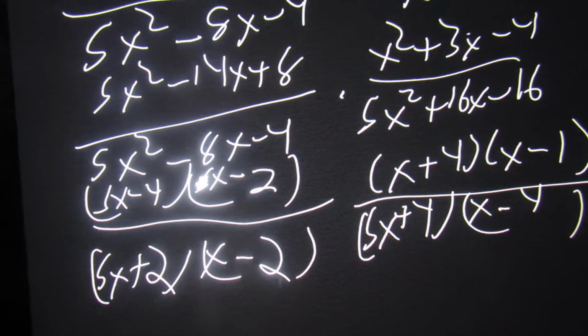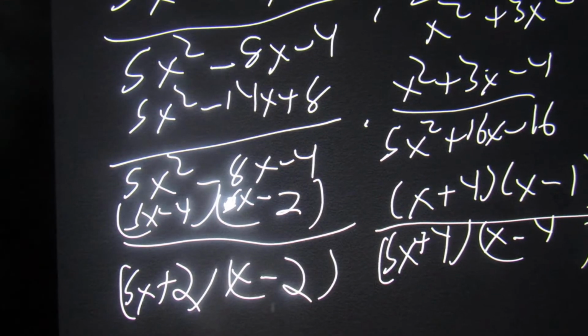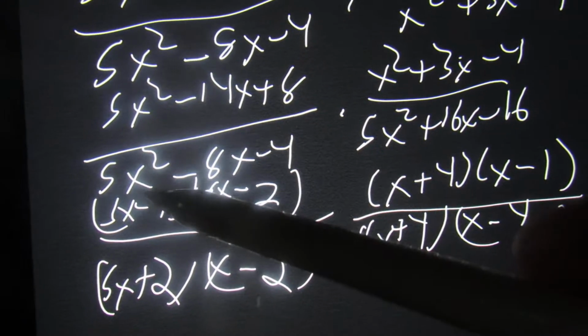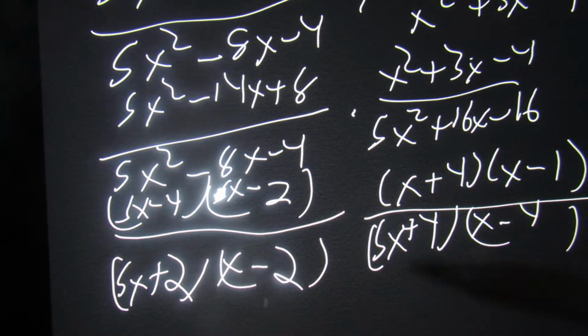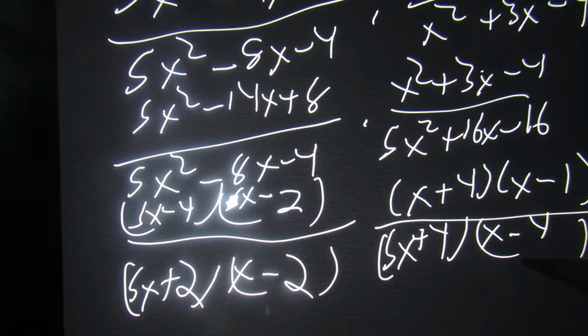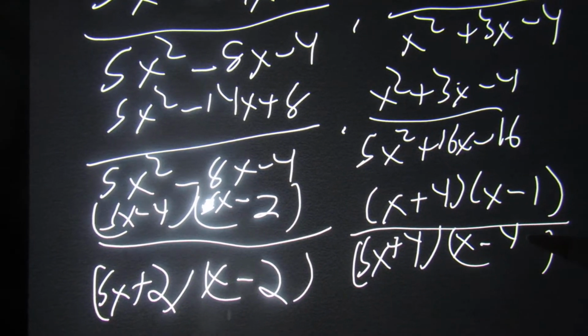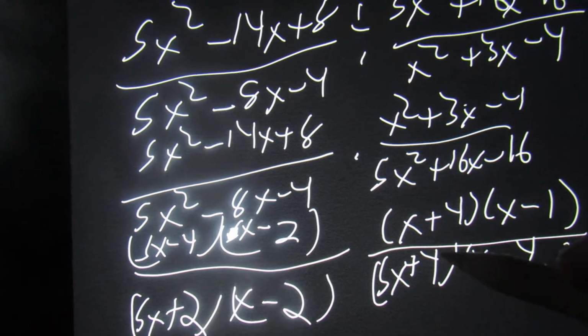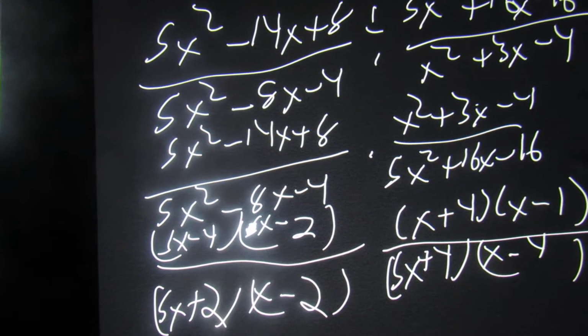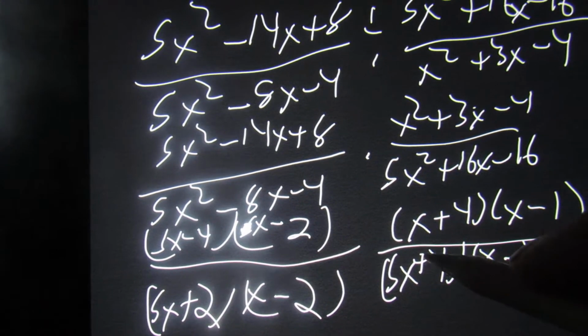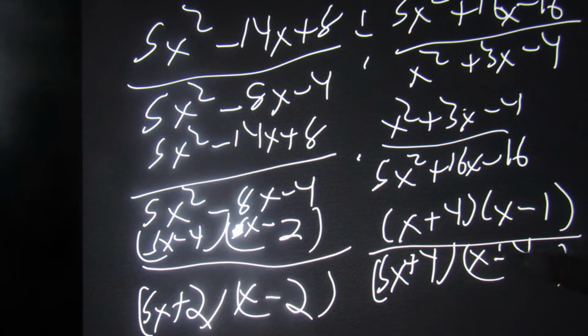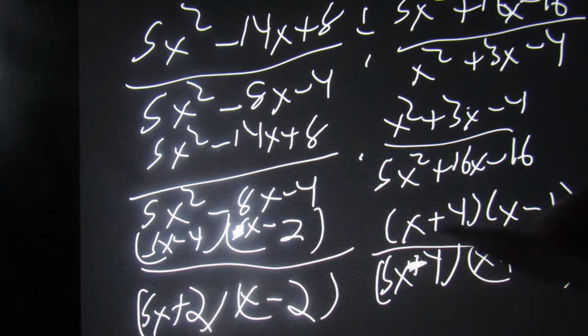Okay, so now I can see what I have on both top and bottom. We have a 5x minus 4 on top, but no 5x. Actually, nope, this should have been x plus 4, 5x minus 4.